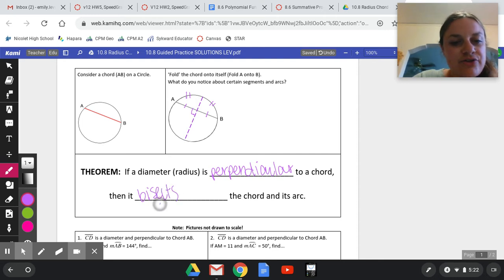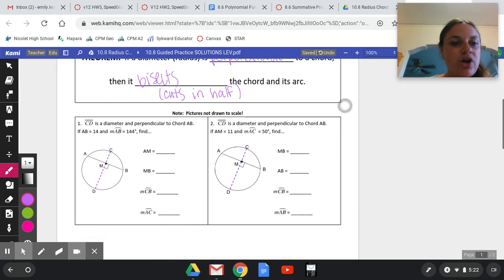Which bisects, again, just to remind you, it means cut into two equal parts. So cuts in half. Okay, so it is perpendicular and it cuts it in half. So this helps us when we are trying to solve.